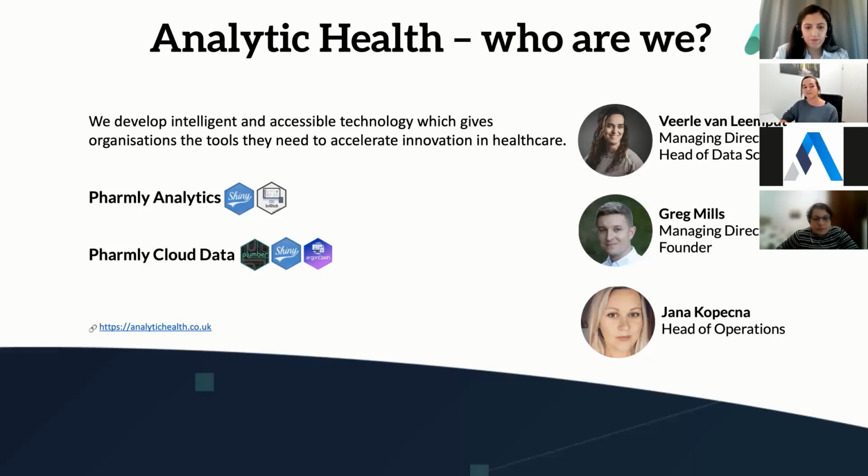And then we have a fairly new application, Farming Cloud Data, which is written with Argon Dash, which is from the same developer, but a different package. I'm not going to talk about that today. But Farming Analytics is more an app about analytics. It's really a dashboarding tool, and Farming Cloud Data is our UK healthcare data marketplace, and it's a place where you can download all kinds of healthcare related data sets in the UK.